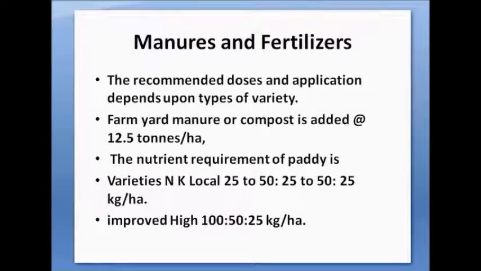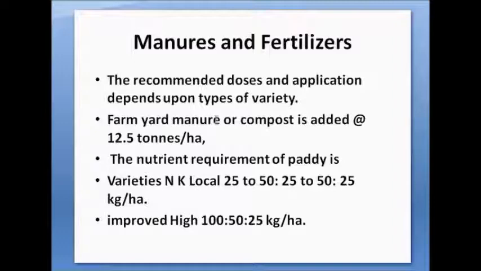Then manures and fertilizers. The manures and fertilizers we have studied during wheat, that recommended doses of NPK. As per that recommended doses, we have to apply the actual quantity of fertilizers that we shall study during our practical. Now this manures and fertilizers doses depend upon the kind of variety and many other things are there.